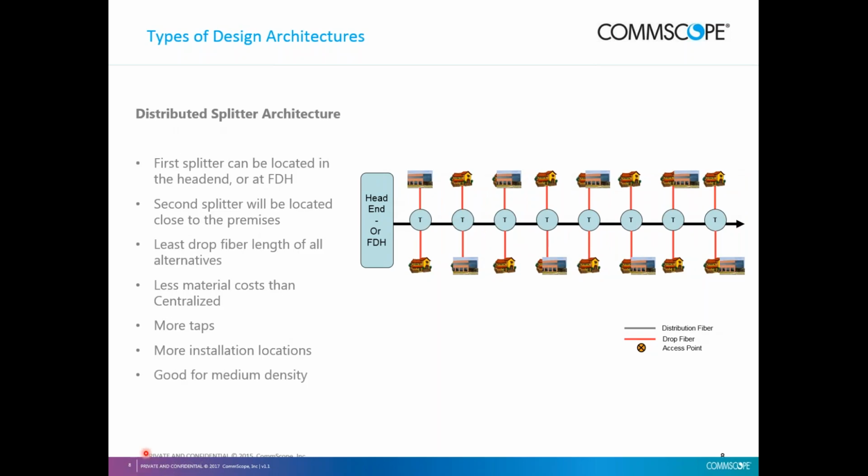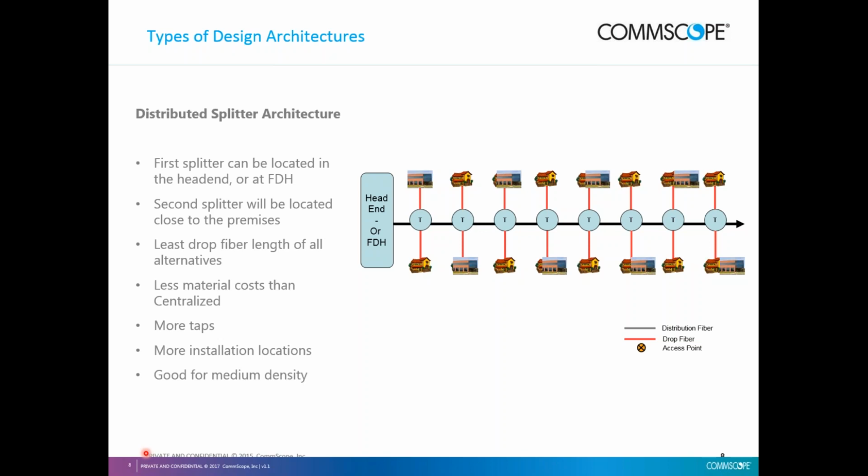Then we look at a distributed splitter architecture. This is just a variant of centralized. Again, the first splitter can be located in the head end or the fiber distribution hub or cabinet, whatever you want to call it. So as an example, we would put a 1x4 or a 1x8 splitter in there if we're dealing with an RFOG network. The second splitter is going to be located out in the tap location, as you can see in the drawing to the right.